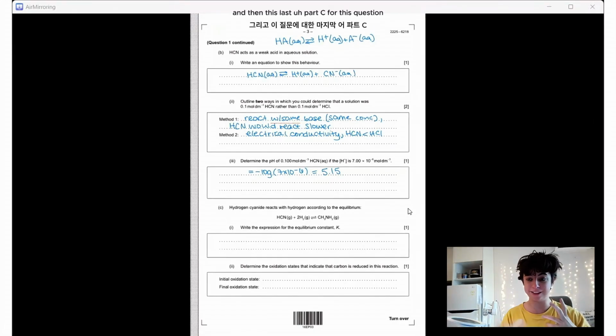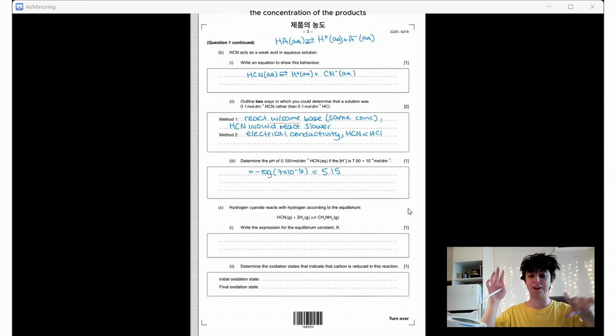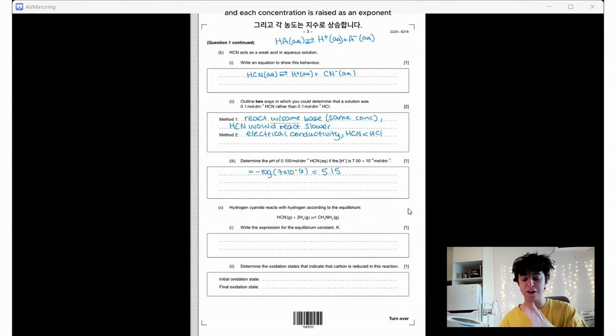And then this last part C for this question 1 is going to be with hydrogen cyanide reacting with hydrogen in this equilibrium equation. And so the first part is to write the expression for the equilibrium constant. And so the expression for the equilibrium constant is always going to be the concentration of the products over the concentration of the reactants. And each concentration is raised as an exponent to its stoichiometric coefficient.